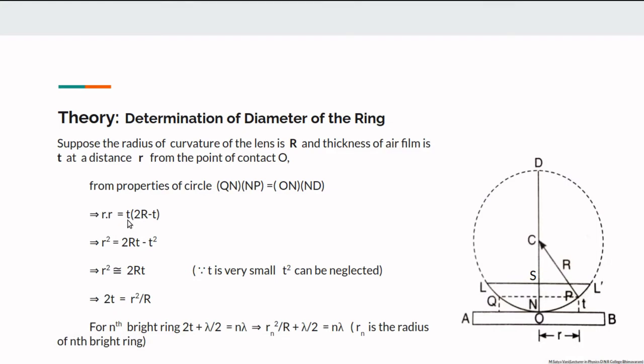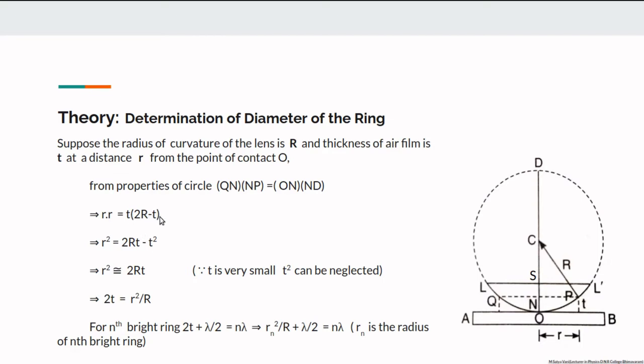ON is the thickness of the film, and ND is equal to 2R minus t, where R is the radius of the sphere, which is called the radius of curvature of the lens. Then r square is equal to 2Rt minus t square.